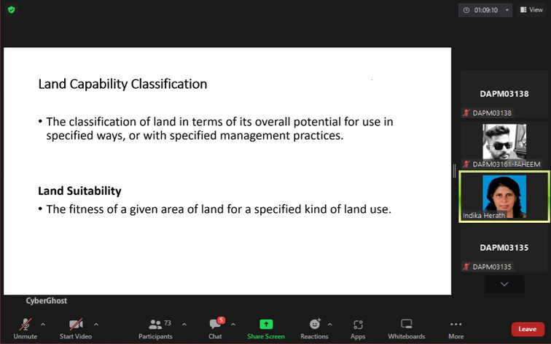Especially before investing in planting coconut, people do a land suitability assessment, right? Land suitability, whether this land is suitable for cultivation of coconut. This is because some plants, once you invest in planting them, will last for about 50-60 years.